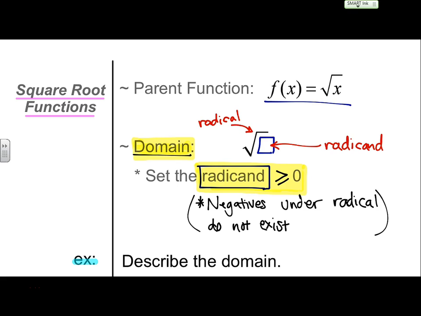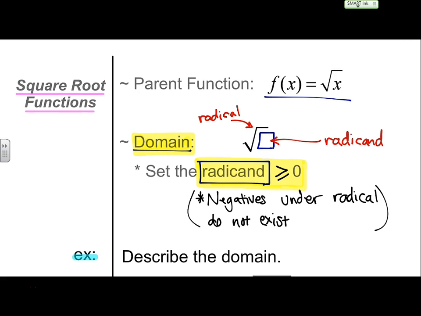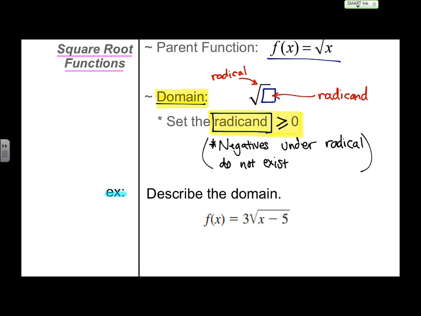Now, how does that help? Without a graph, if we have an example like 3 square root of x minus 5, can anyone identify for me, you can draw a box or write the word radicand, what is the radicand of this square root function? x minus 5.